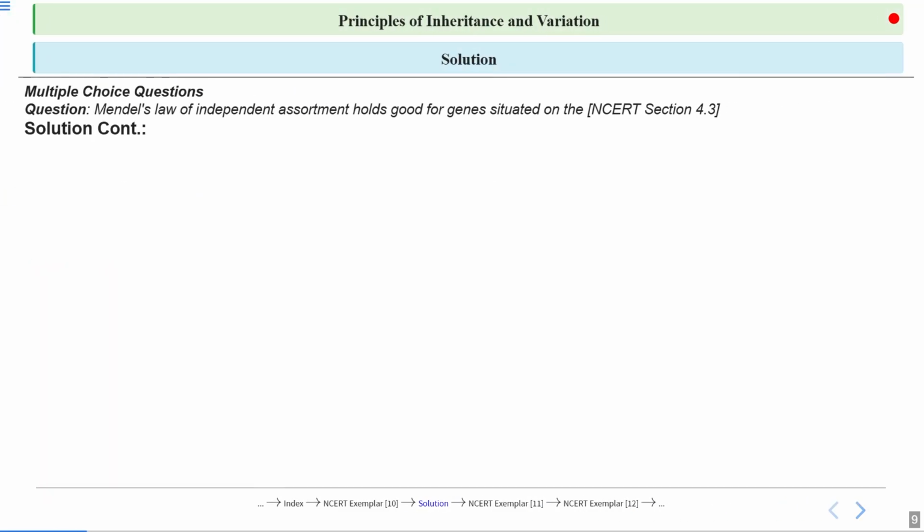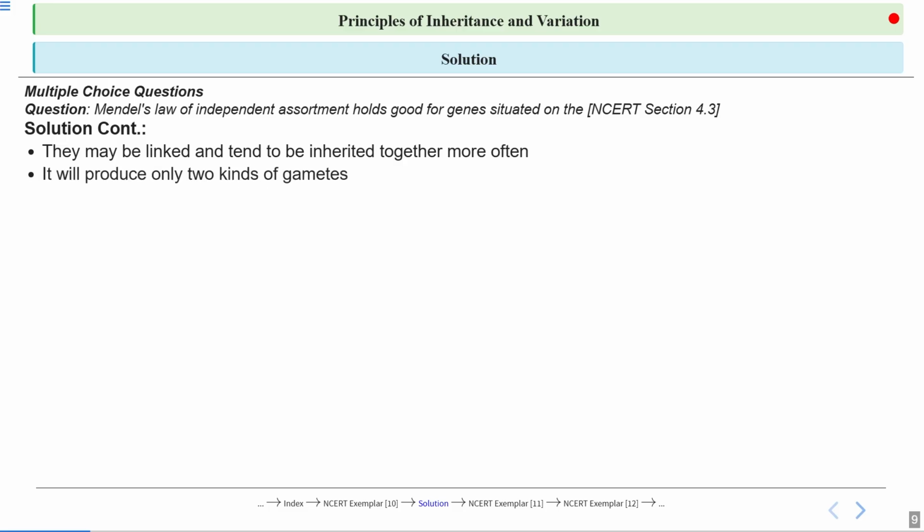If the genes are present on the same chromosome, they can be linked, and if they are linked, they are inherited together. So when the genes are present on the same chromosome, it will not follow the law of independent assortment. Clear? And it will produce only two kinds of gametes because they are linked together.